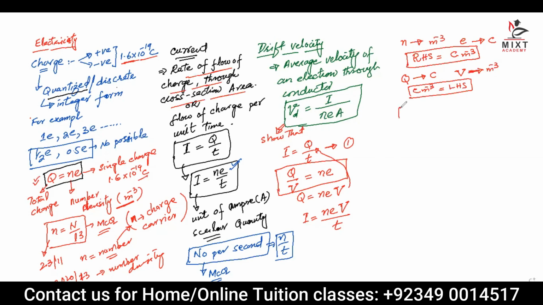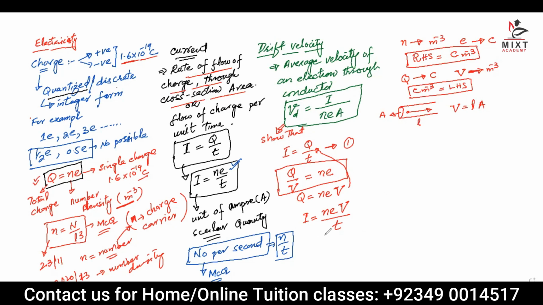It means that the wire has some length and it has some area. So it means this wire has some volume from where the charges are flowing. So that's why it is written Q by V.